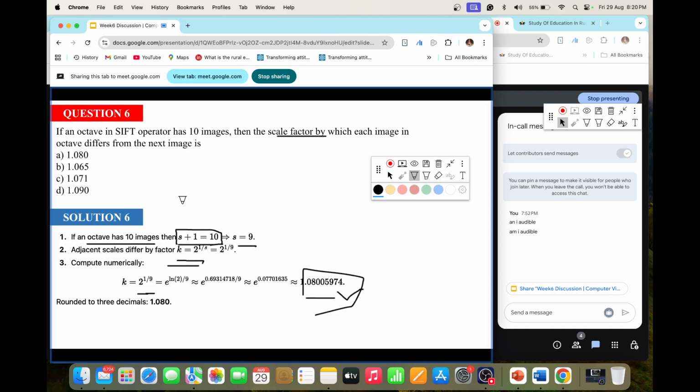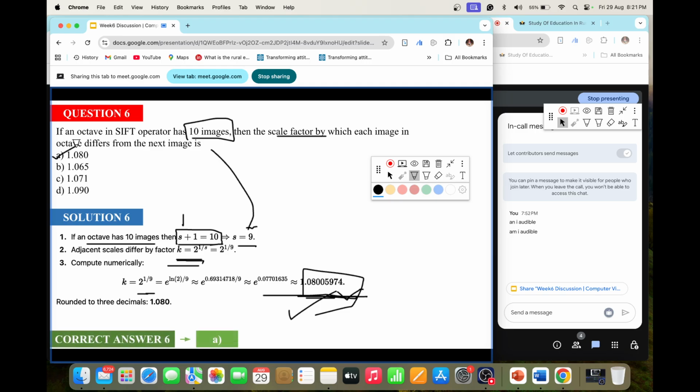You have been given s plus 1, which is the number of images in the octave. From s plus 1 you calculate the s. Once you get the s, k value is nothing but 2 to the power 1 by s. So 2 to the power 1 by 9 is coming 1.08. Just do 2 to the power 1 by 9 and you will be getting this 1.08. So option A is your answer.